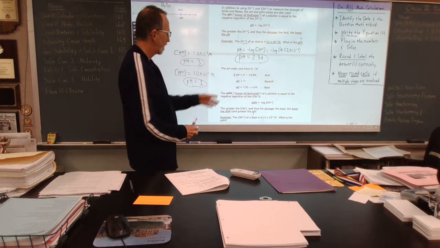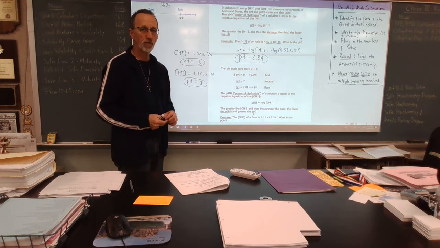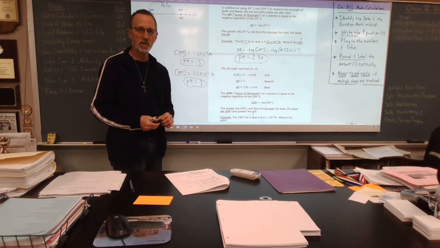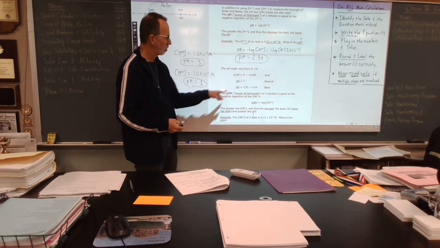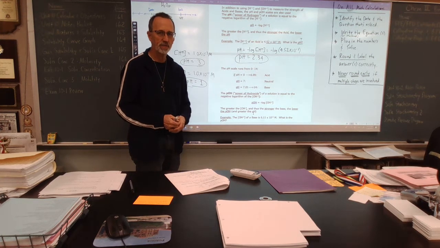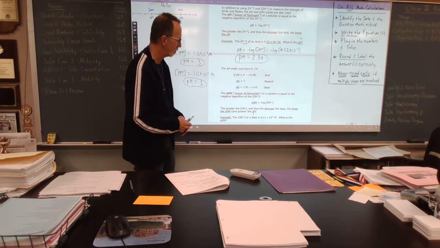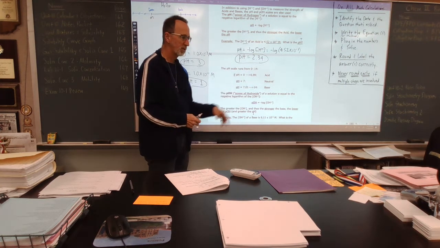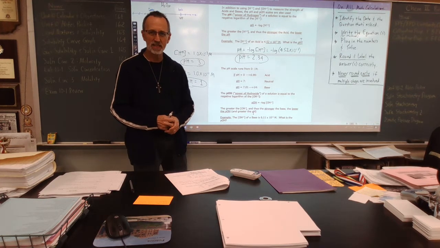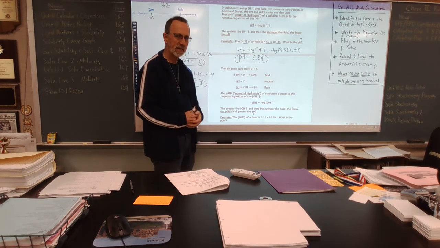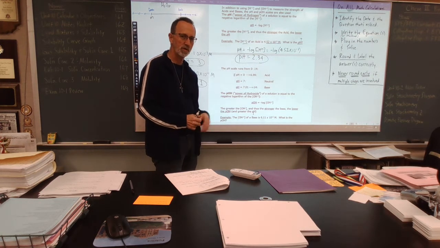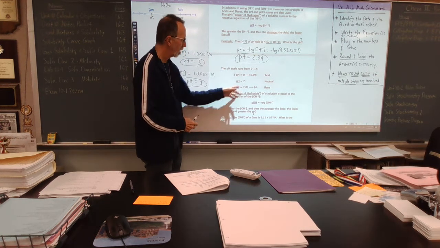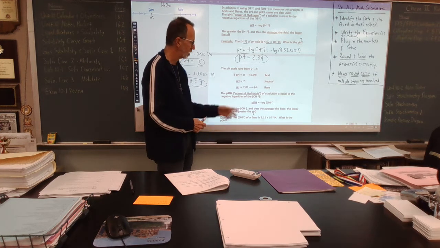So the pH scale runs from 0 to 14. Remember we said the lower the pH, the stronger the acid. So pH 0 is the strongest type of acid. When you get to 6.99, that is the weakest acid. So basically anything under 7 is acidic, but the lower the pH goes, the more acidic it gets. pH of 7, of course, is neutral.